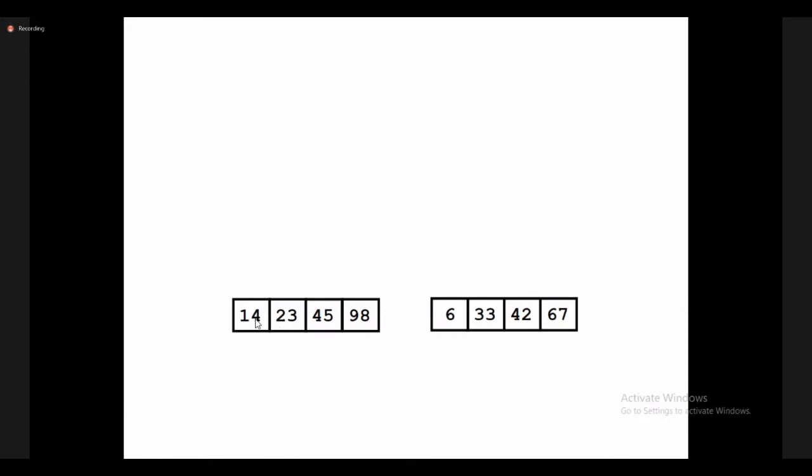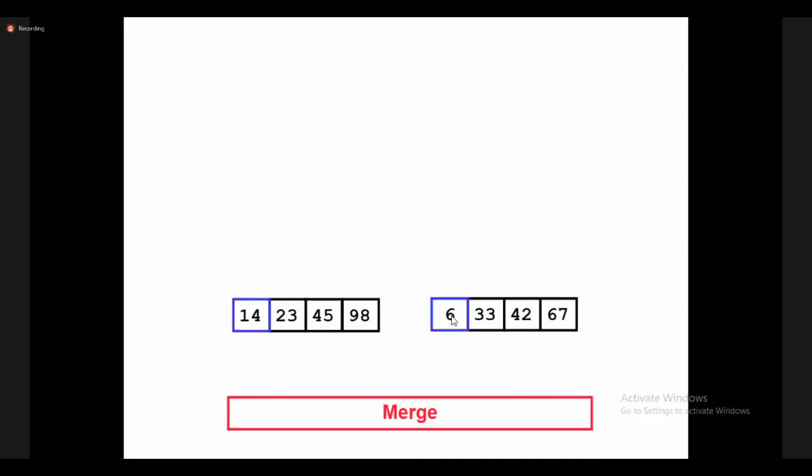So first you compare 14 and 6, that is L of I and R of J, L of 0 and R of 0. Which one is less? R of 0 is less. So 6 is moved to the target sorted array. The J value is increased by 1, so J plus plus.